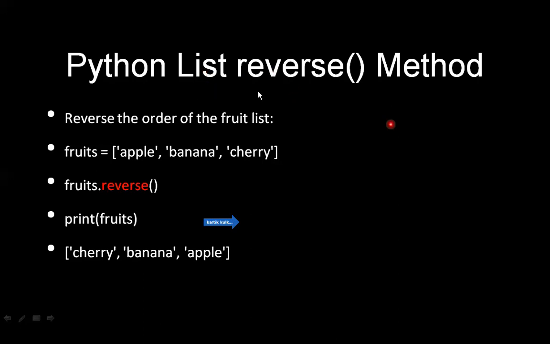Okay, so how to reverse any of the given list? For what purpose is the reverse method going to be used? The reverse method is used to reverse the order of the list. In this particular example, we have taken the fruits list, and I have specified apple, banana, and cherry. Suppose I want to reverse, first I should get the cherry, then the banana, then the apple.